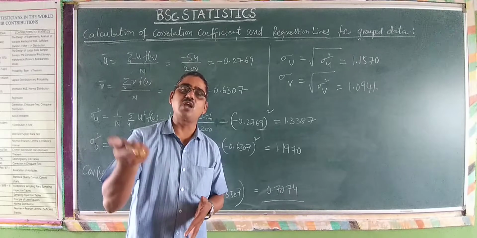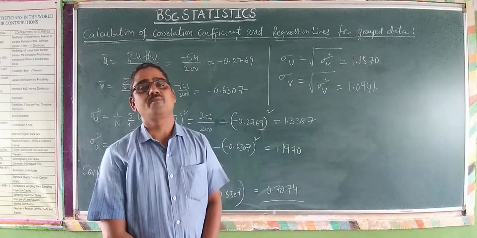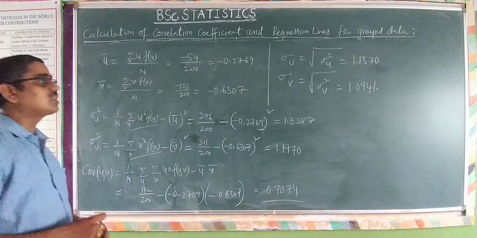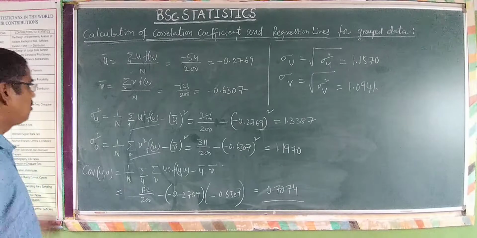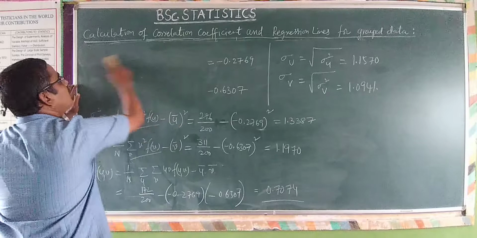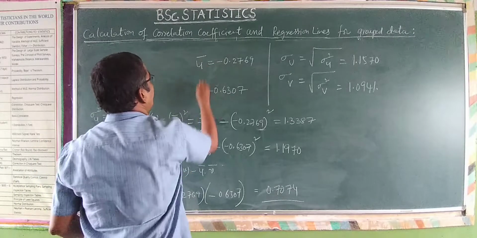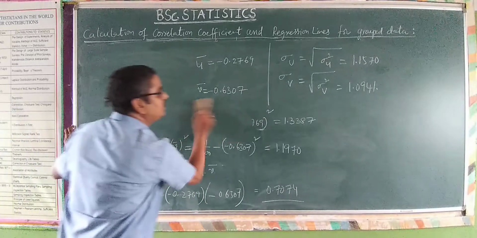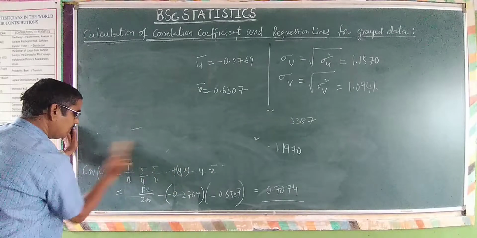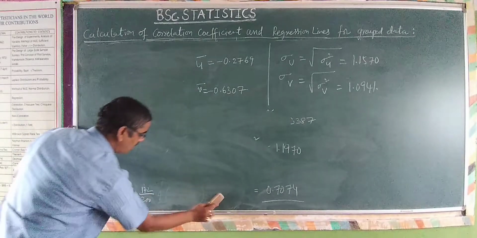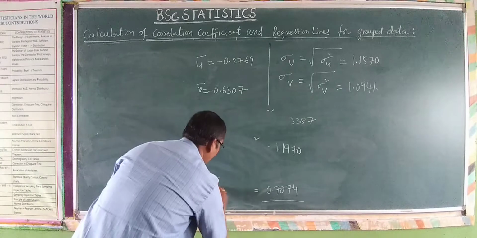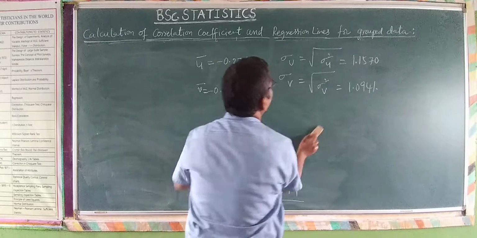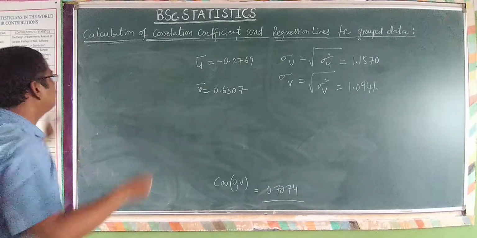Now you have to calculate all the values in terms of X and Y. So I calculate all the values in terms of X and Y, except I leave this value, covariance of U comma V. These are the values required on the board, and now we have to calculate.